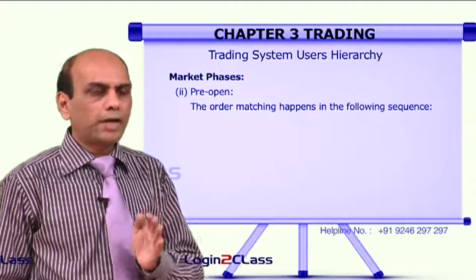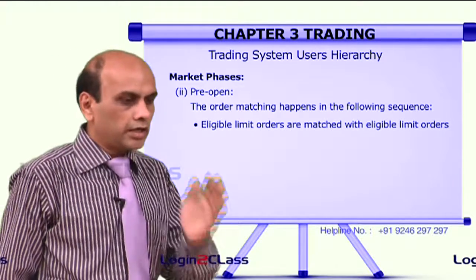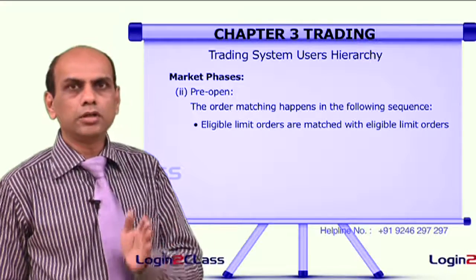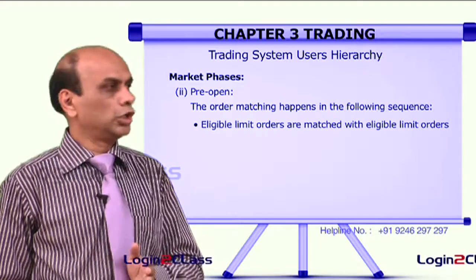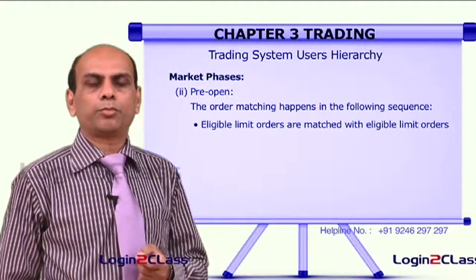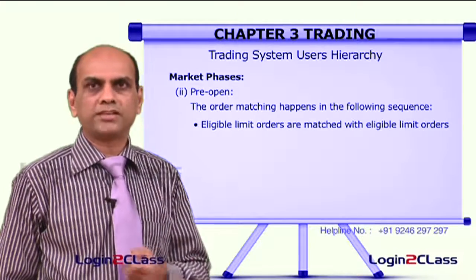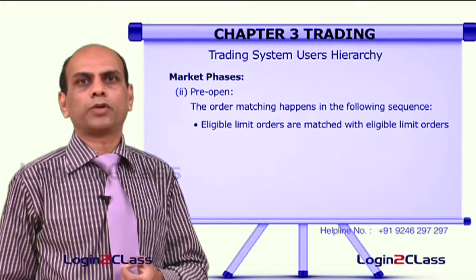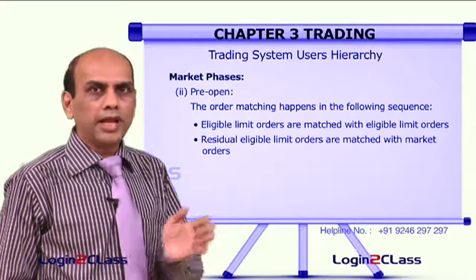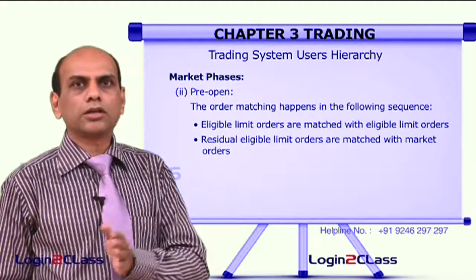The order matching happens in the following sequence: eligible limit orders are matched with eligible limit orders. That is, the price which is declared as equilibrium price becomes the base, and whatever orders are placed matching this particular equilibrium price can be matched. Residual eligible limit orders are matched with the market orders.